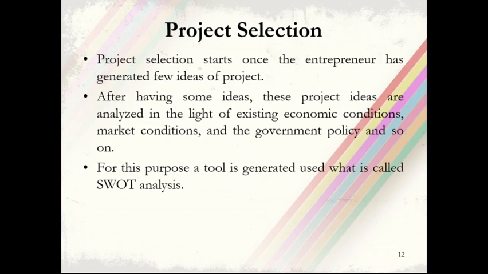Project selection is the process of evaluating individual projects or groups of projects and then choosing to implement some set of them so that the objectives of the parent organization will be achieved.